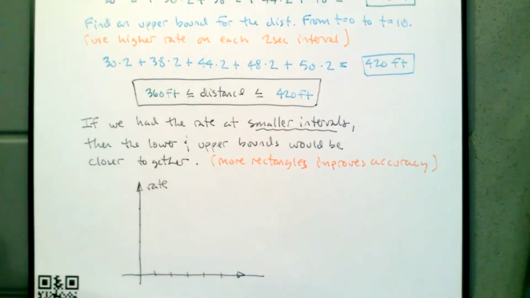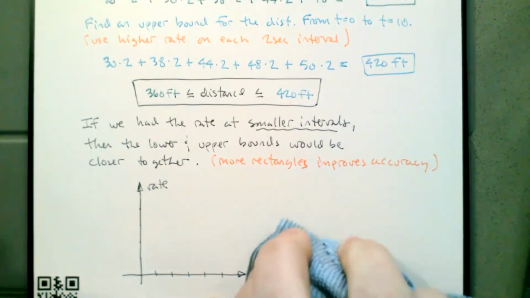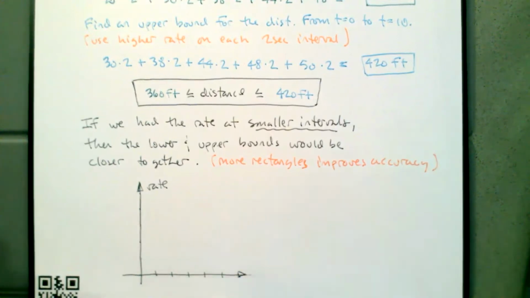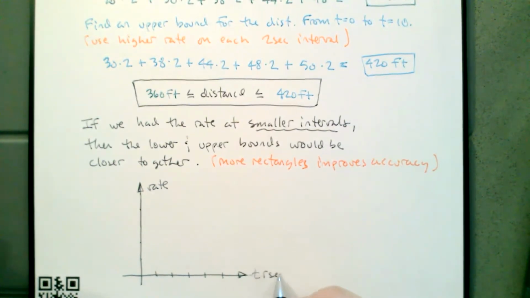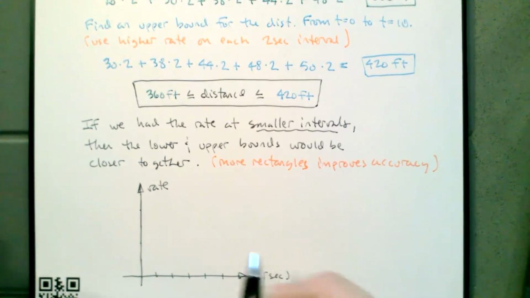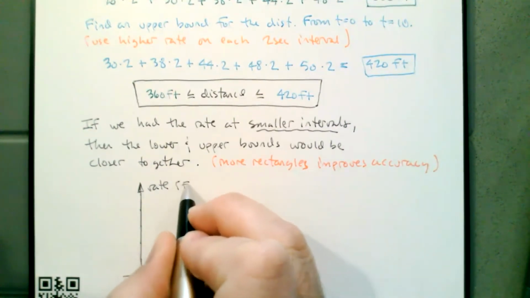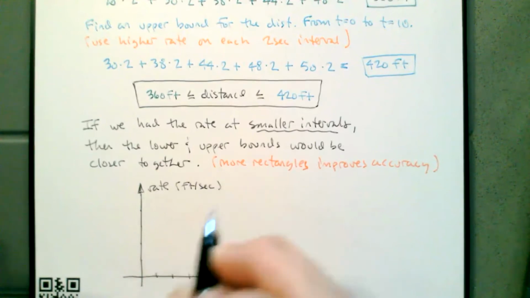A lot of extra t-axis. There we go. So if we look at this on a graph, let's have time down here in seconds. And here's going to be our rate in the vertical in feet per second.